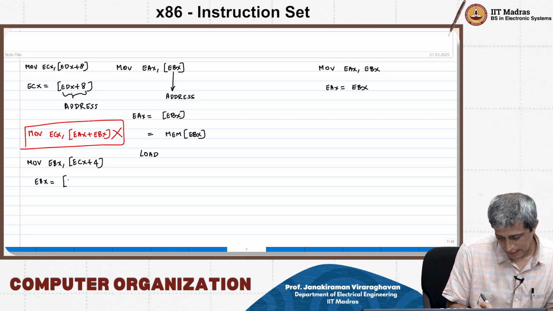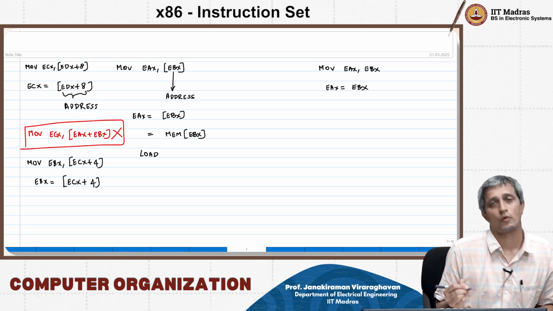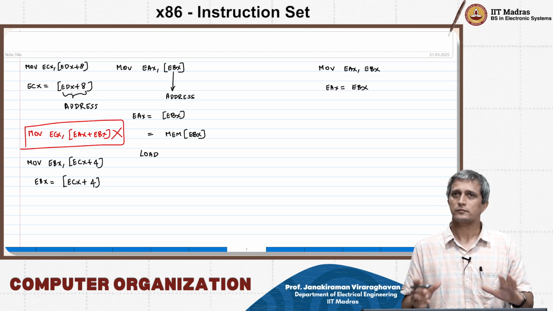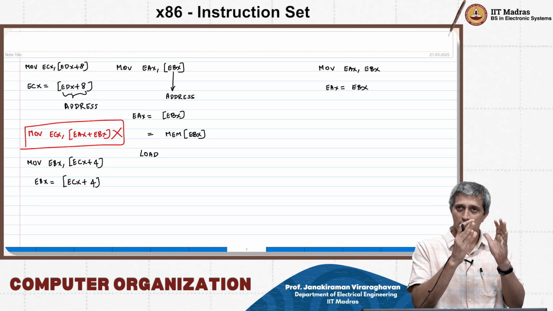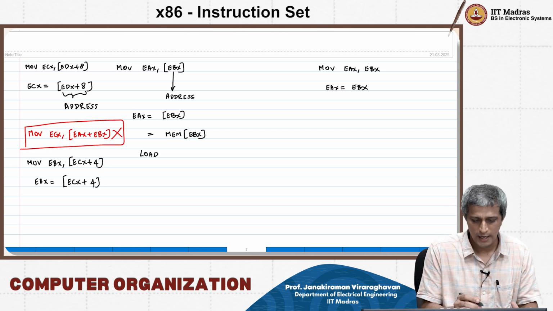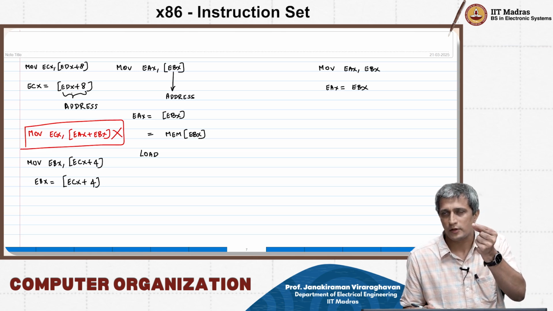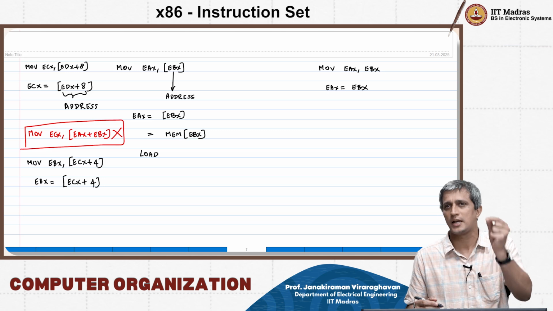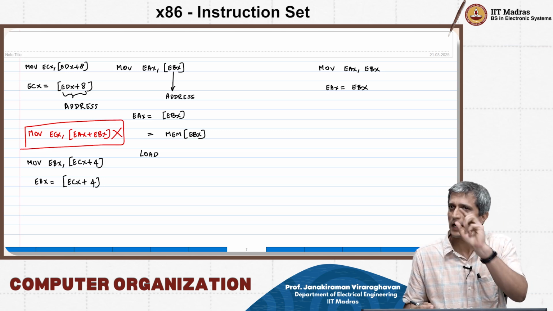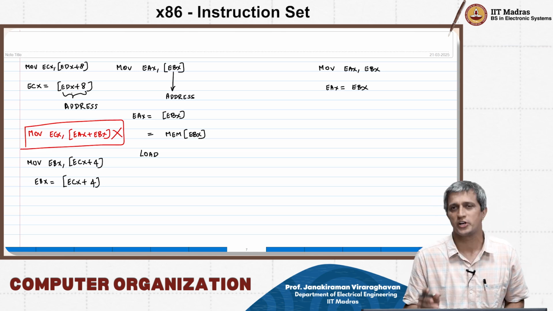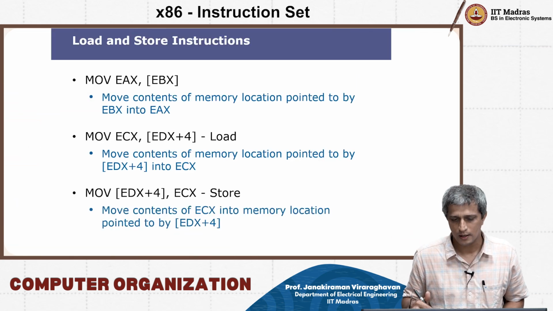EBX will then get the contents of ECX plus 4, right? So in some sense, this is possible. But I cannot replace that fixed 4. That 4 has to be a fixed number, right? And that will get encoded into the instruction itself. That we will see a little later.